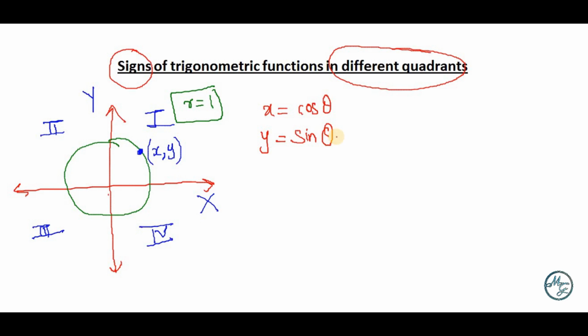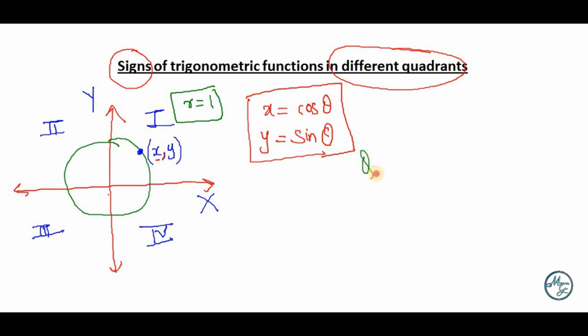Once we study about sin theta and cos theta, we can get to know about tan theta, cot theta, sec theta, and cosec theta. So whenever you study about any trigonometric functions, first you need to know about sine and cos. In first quadrant, we have x comma y, x is cos theta, y is sin theta, and both are positive. Let's draw a table kind of thing.